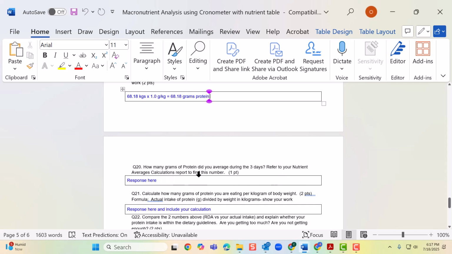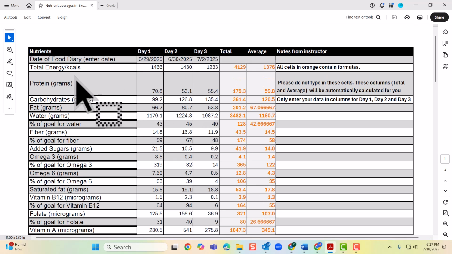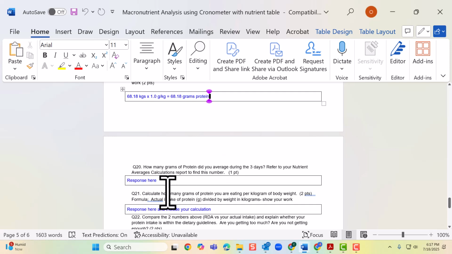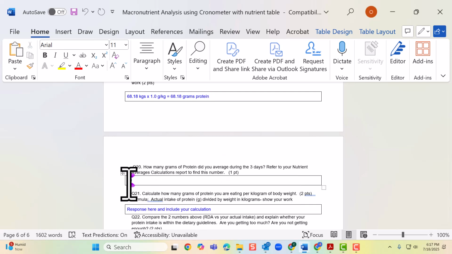Refer to your nutrient averages calculations. That is back to this, and we're going to find protein. The average grams of protein in the 3 days was 59.8.